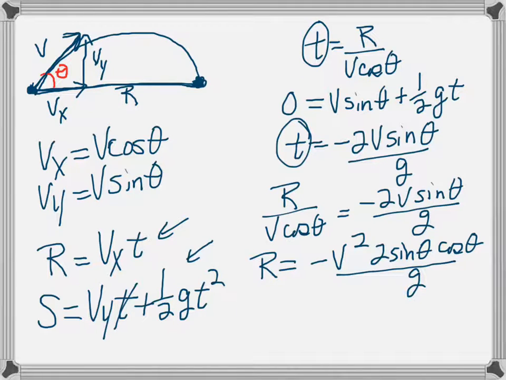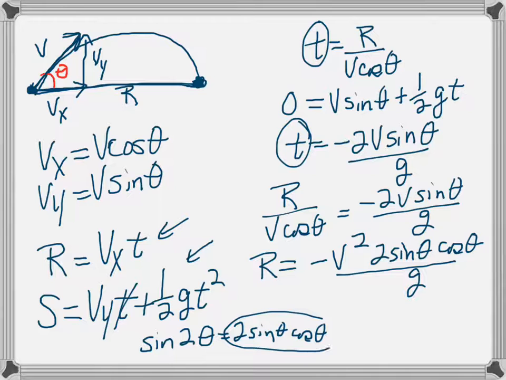That could be my range equation, but we like to simplify things with trig identities if we can. And the trig identity we can use here is a double angle identity. Sine of twice the angle equals 2 times the sine of the angle cosine of the angle.